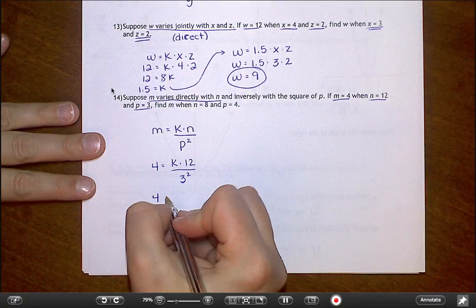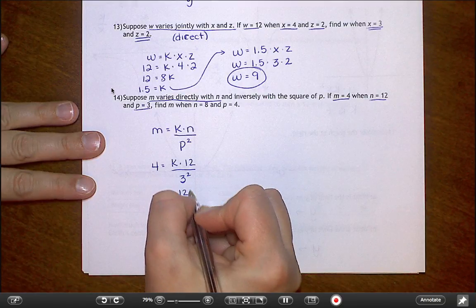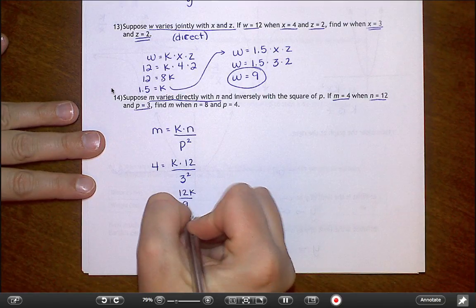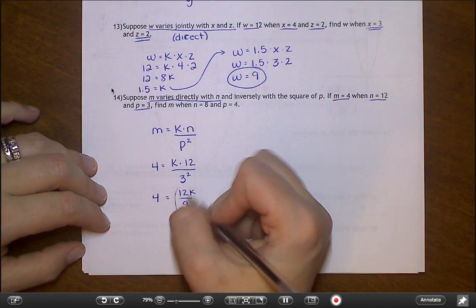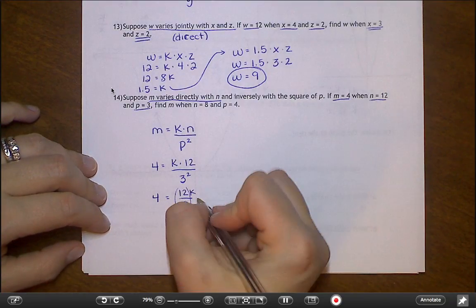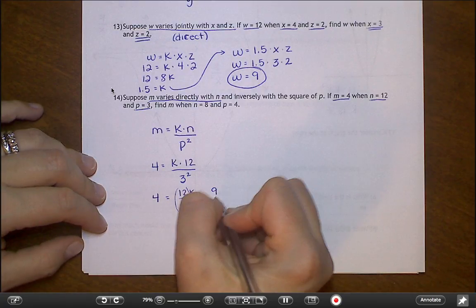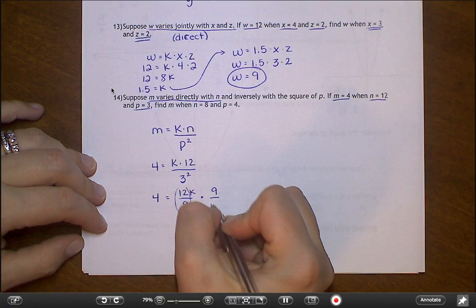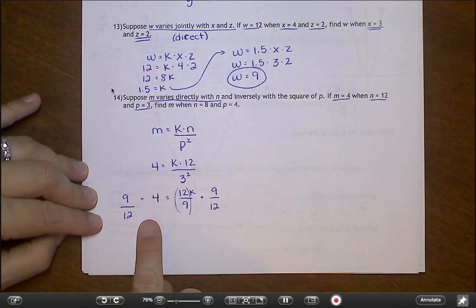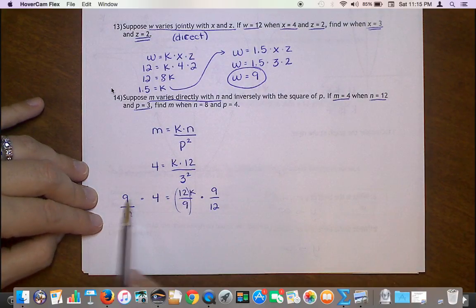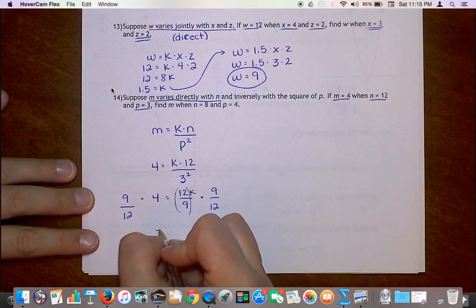I get 4 equals 12k over 9. And remember, you can get rid of this whole fraction right here by multiplying by its reciprocal. So I'm going to multiply by 9 over 12, multiply by 9 over 12. And I know this looks scary over here, but this is really just 9 times 4 divided by 12. So that's 36 divided by 12, which is 3.